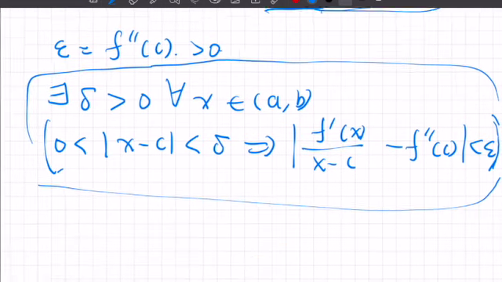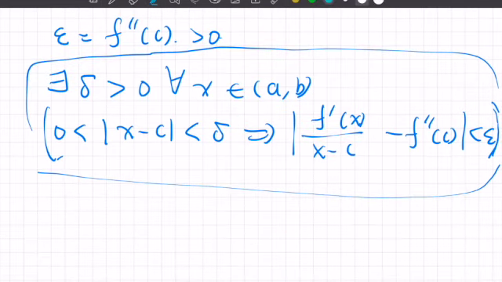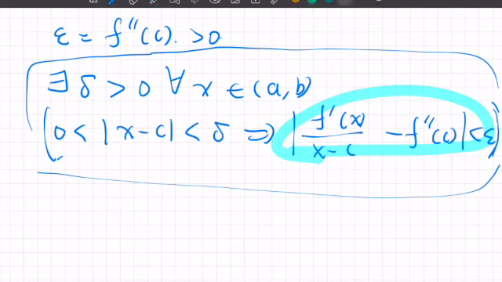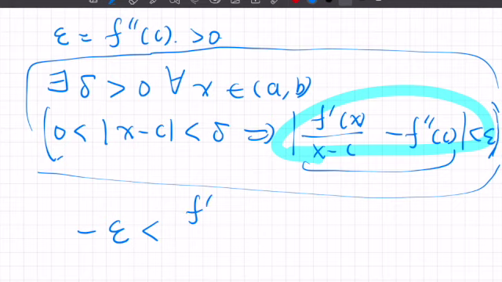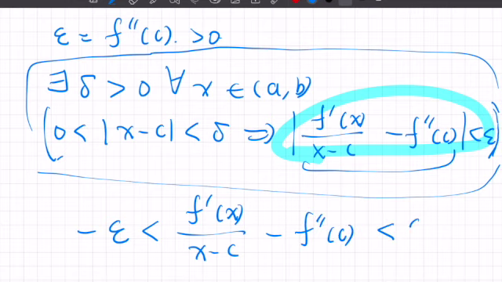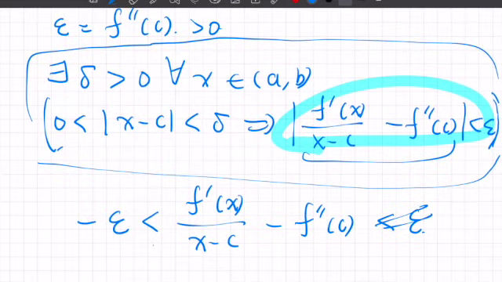Okay, now from this part, we conclude that this inside this modulus is between negative epsilon and positive epsilon. But actually we don't need this part, so we use the first inequality here.